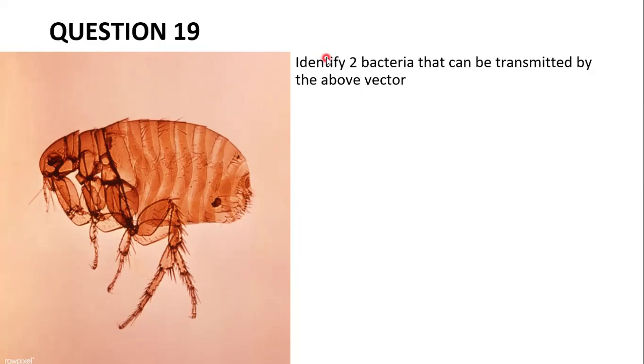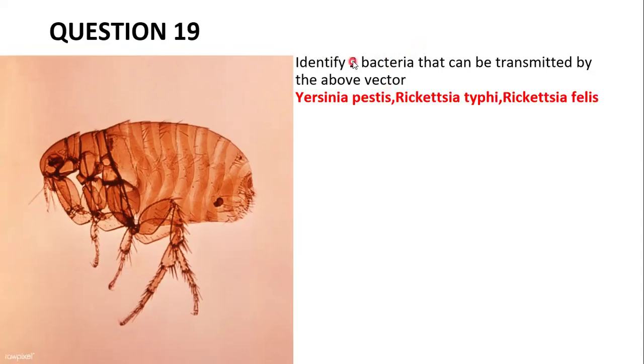I think those are the main ones. Rickettsia typhi and there's also Rickettsia felis. You have a question? No, I was just saying it's Rickettsia and Yersinia. Yeah, those are the common ones.